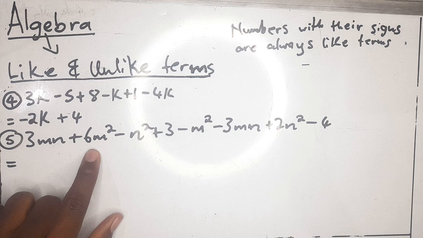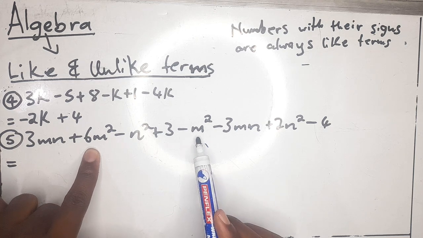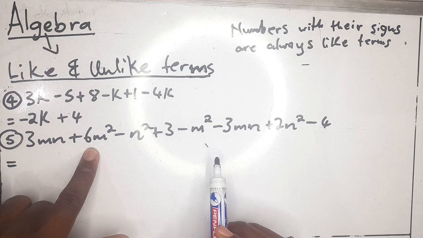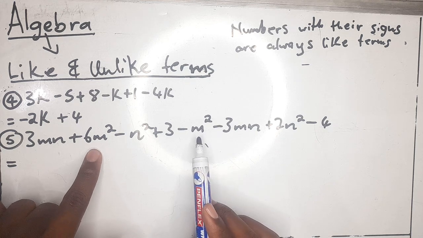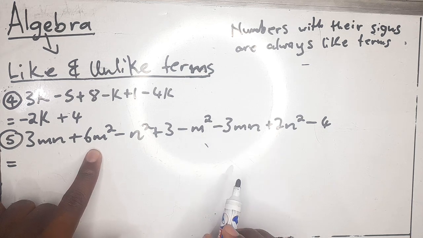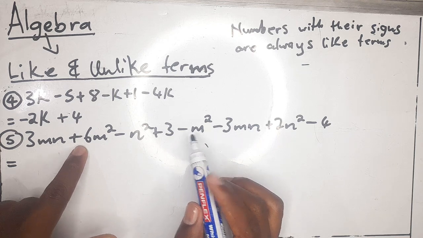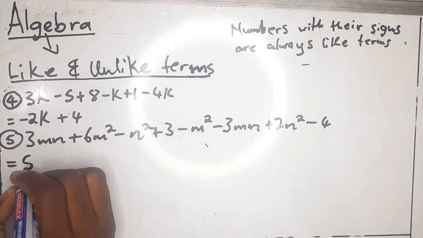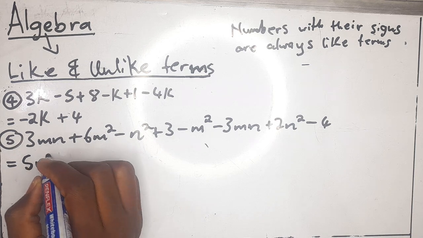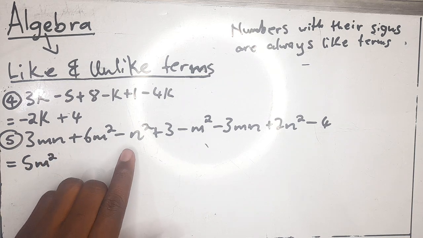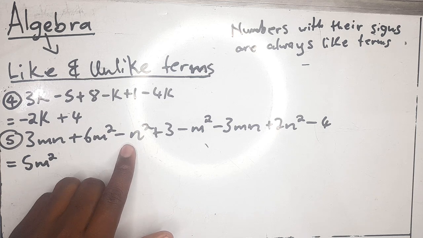6m squared, any term that ends with m squared? Yes, that one. So these two terms are like terms, and focus on the coefficient. This is 6, there is negative 1 here, and so 6 minus 1 is 5. Then minus n squared, any term that ends with n squared?